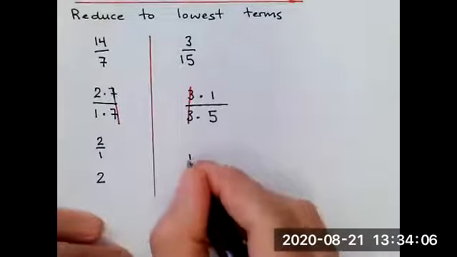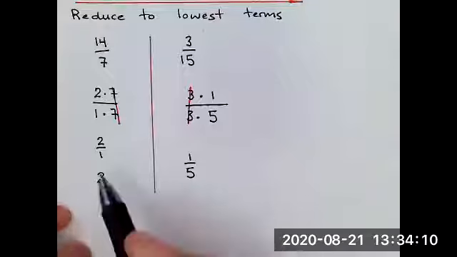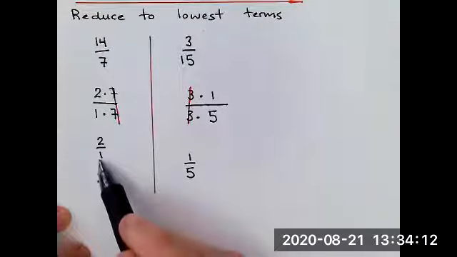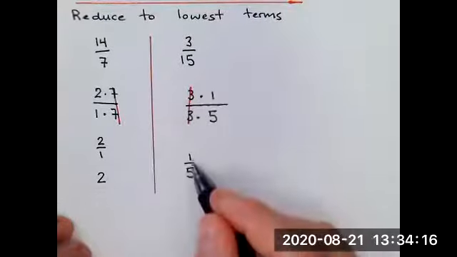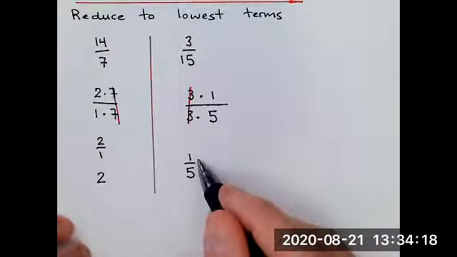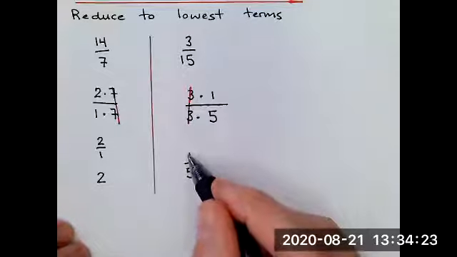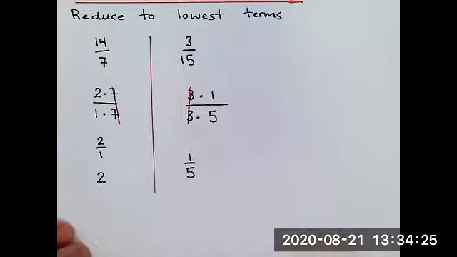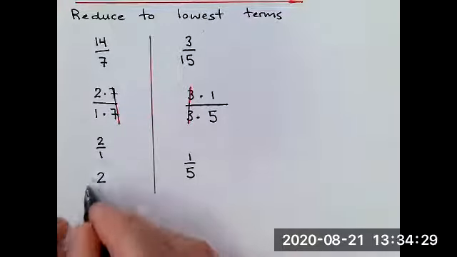And your answer is 1 over 5. So any number that's divided by 1 is the same number. But 1 divided by 5 is still going to be 1/5. So if you have a 1 left in the numerator, it has to stay. If you have a 1 in the denominator, you can write that as a whole number.